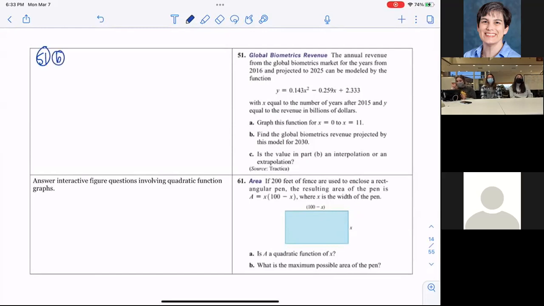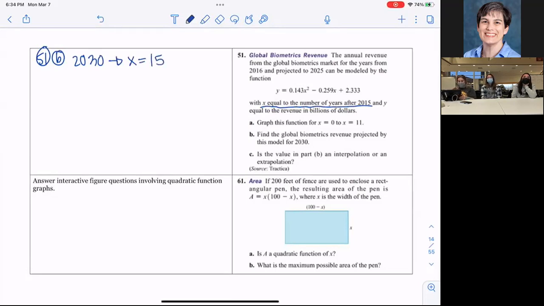So if we want to find the global biometrics revenue projected by this model for 2030, first we're going to look at what x is. This says that x is the number of years after 2015. So for the year 2030, x is going to equal 15.